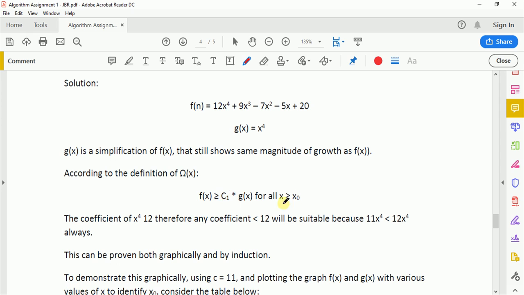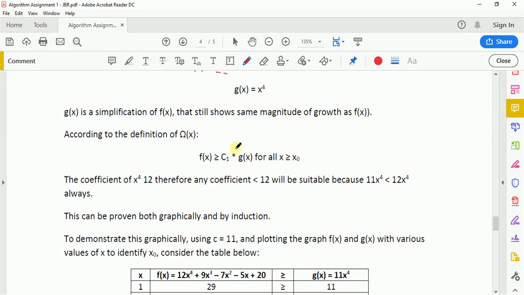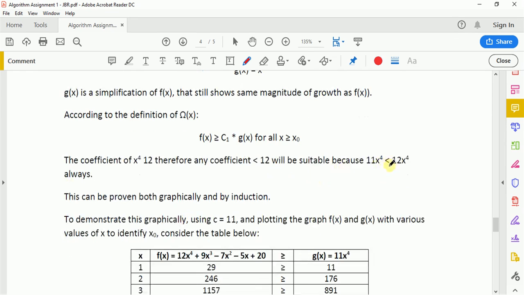Okay, since the primary coefficient, the coefficient of the biggest term, is 12, if we reduce it to 11, it will always be lesser than this. We're looking at the lower bound. Okay, so we've gotten c. Then we test the values of x to see at what point this will always be lower. That means at what point f of x will always be greater than g of x.